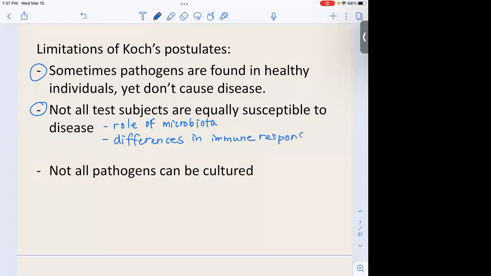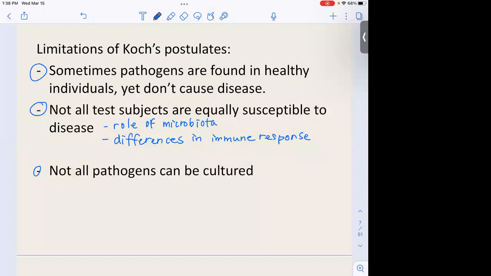And as we look a little bit more closely at our immune system over the next few weeks, hopefully it will be kind of obvious, or we'll point out some things, how people are genetically different and how we fight an infection can be different. And of course, not all pathogens can be cultured.